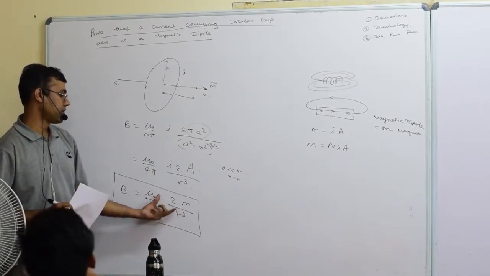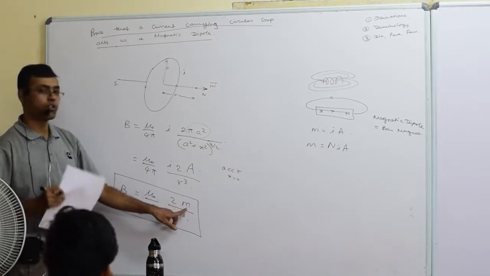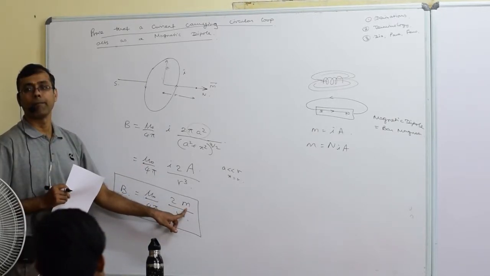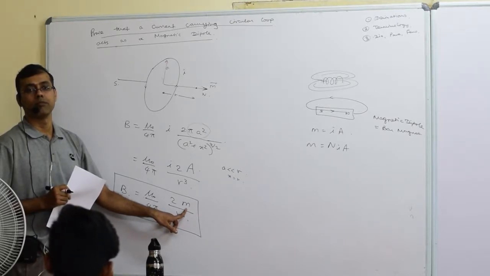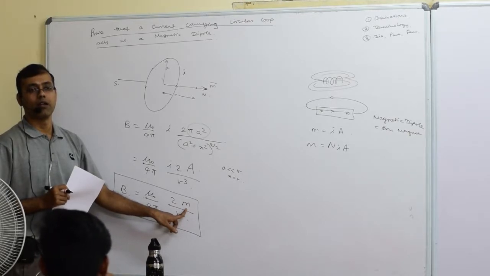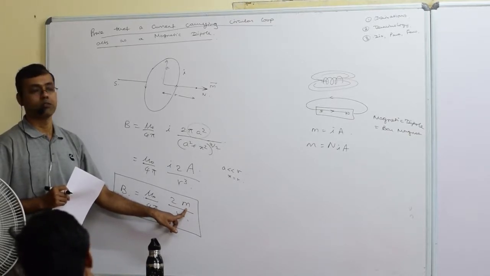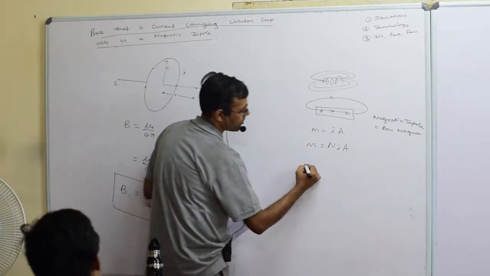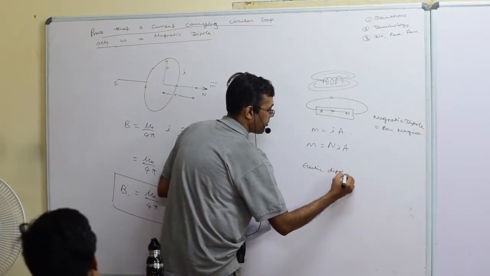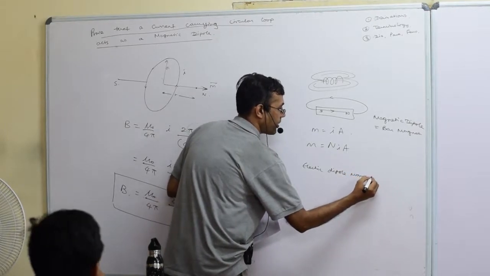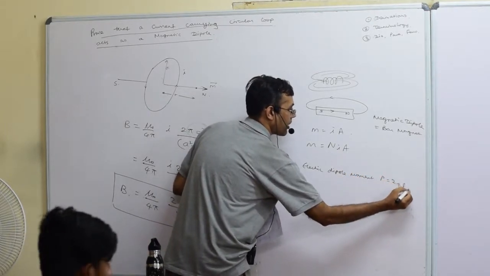So if you compare this and that, in place of p, what is p there? Electric dipole moment, right? So electric dipole moment P is equal to 2ql.